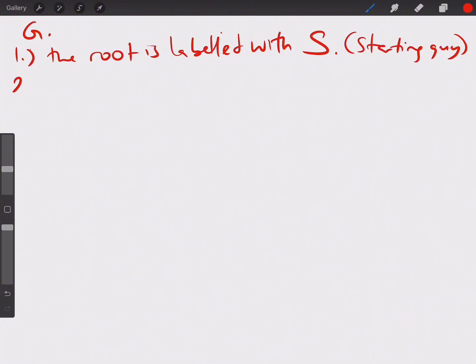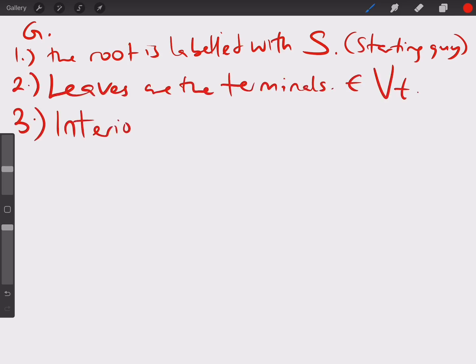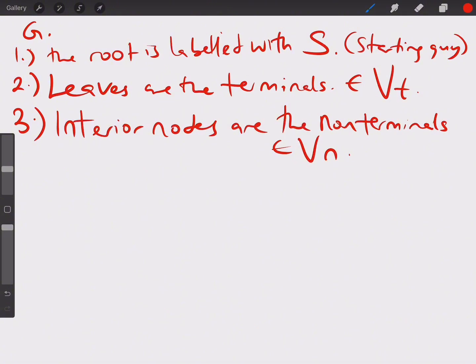They are elements of VT, right? Then we have the interior nodes. We can call these the branches. The branches are the non-terminals. They are members of VN, right?